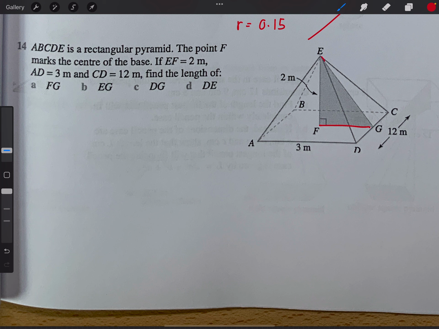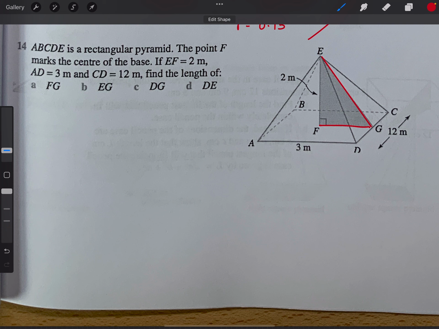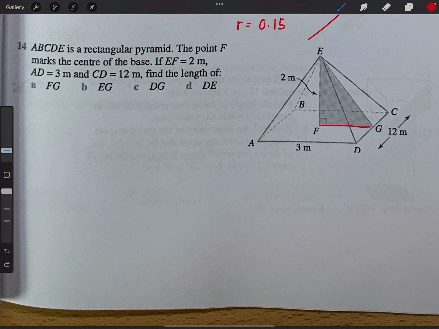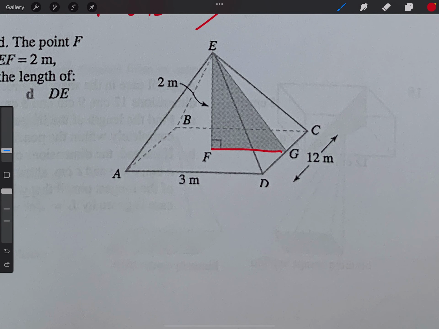Now, do we have EG? Are we given EG? No. How are you going to find FG? Let me think. We have, this one is 12, this one is 3. Okay.